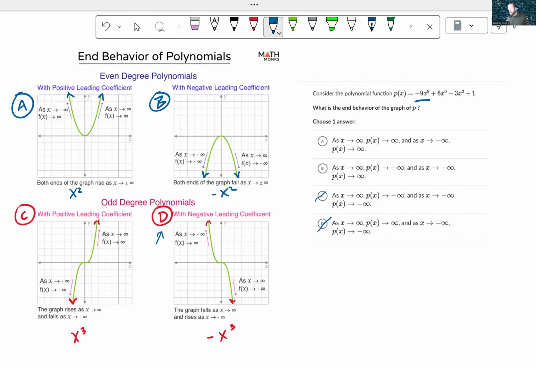The next component of graph D is as x approaches infinity, y approaches negative infinity. Cross off A, and it looks like our answer is B for this one.